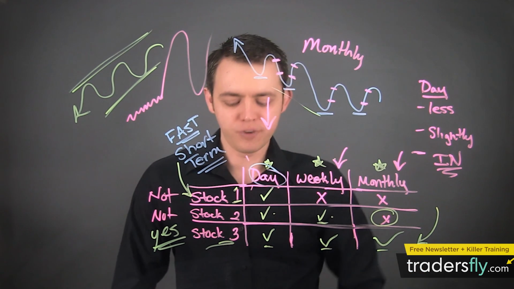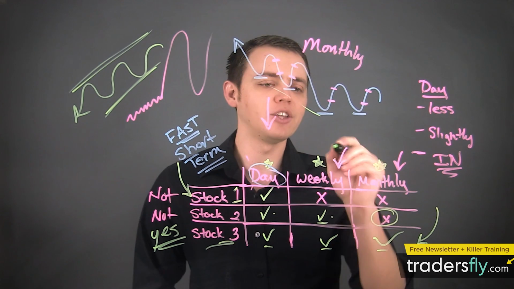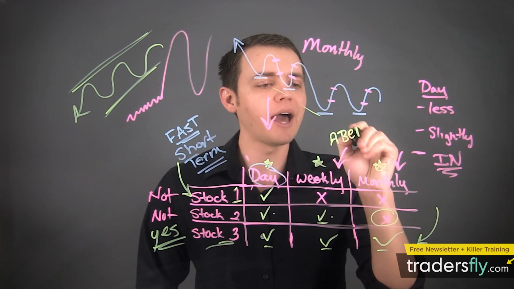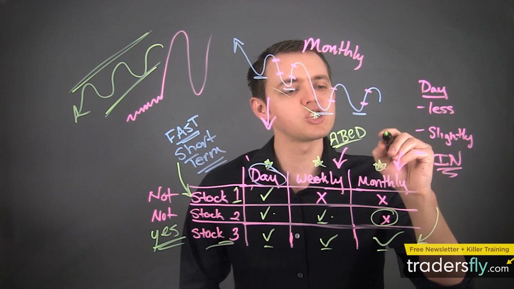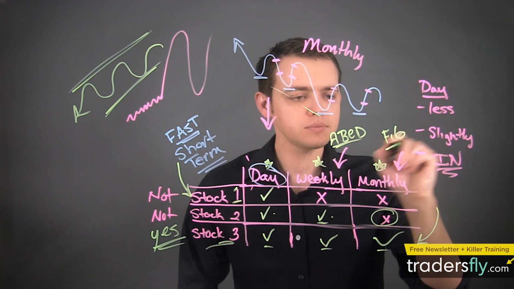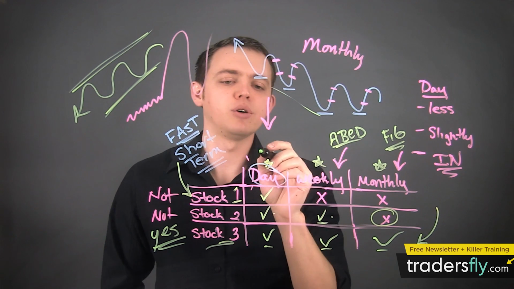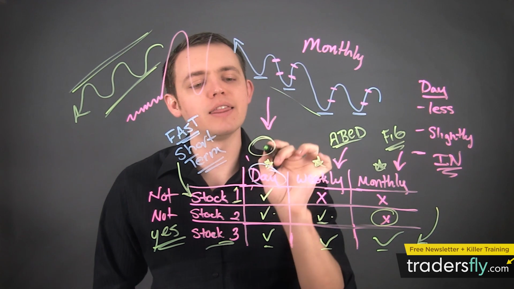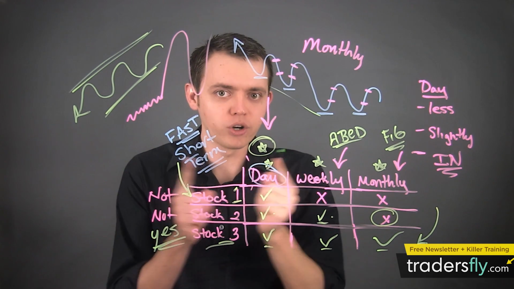And for many people, if they don't check the weekly or the monthly and you don't see your A, B, C, D patterns, if you don't check your fib levels in these other ranges, then the rest of it, in this daily range, you're just playing around with short-term moves and gains.